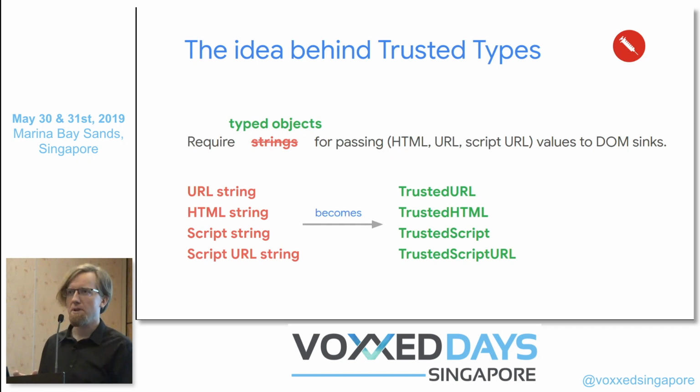So a string can be trusted data or potentially user-controlled data, and we don't really know from the type of the variable whether it's trusted or not. So the idea of trusted types is to require a special object type in JavaScript for any of the assignments into dangerous DOM methods.